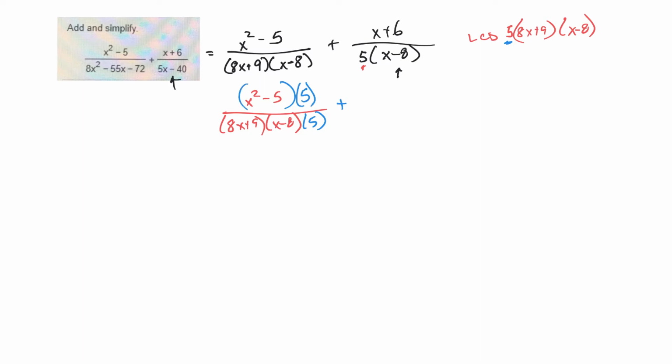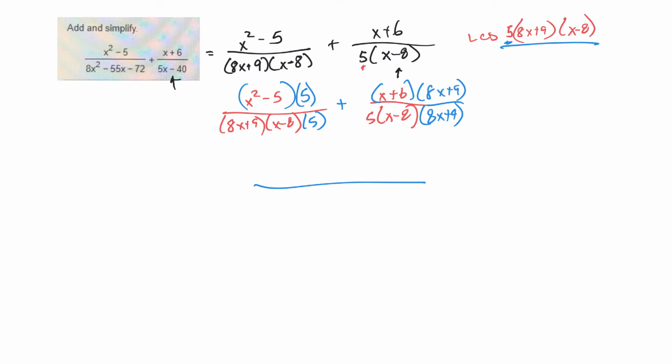Plus, okay, this one, this is what it currently is. And then to get it a common, when I compare it to the LCD, looks like I need an 8x plus 9 on the bottom and the top. Okay, now that I have a lowest common denominator, let's just rewrite it.